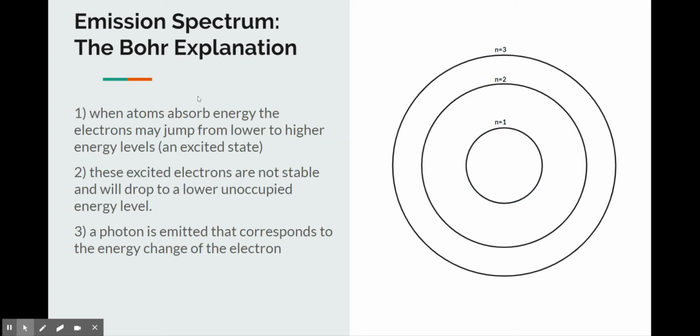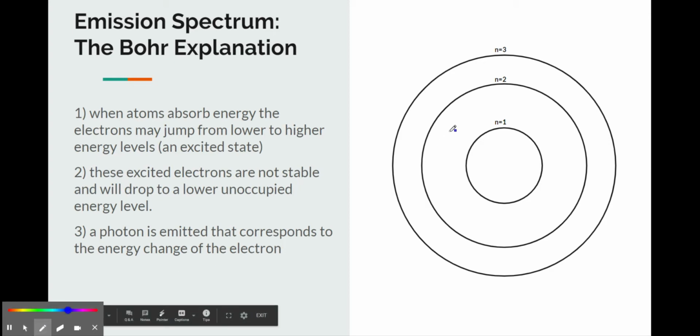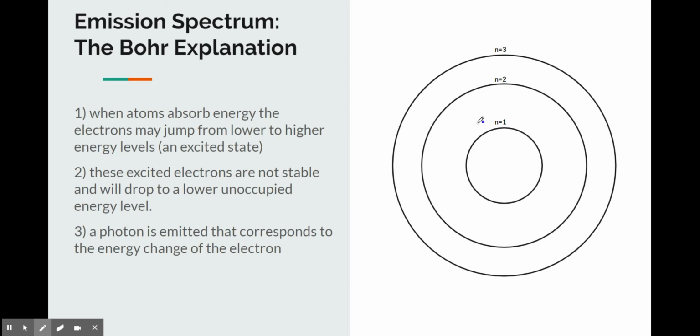So here's what Bohr suggested. He said, when you take a gas like hydrogen and you put it in this chamber, and you put voltage across it, you could imagine that the electron that's normally down here gains some energy and jumps to a higher energy level. So when you applied that voltage, you gave energy to this electron and it jumped up here. Now, this electron is in the second energy level, and it's not totally comfortable there, and it won't stay there real long before finally it jumps back down.